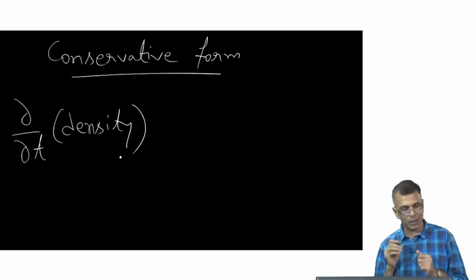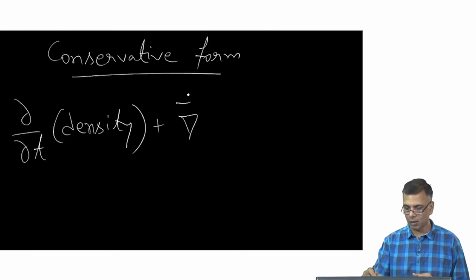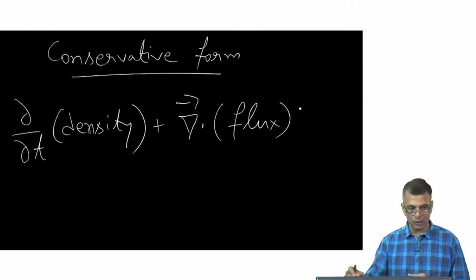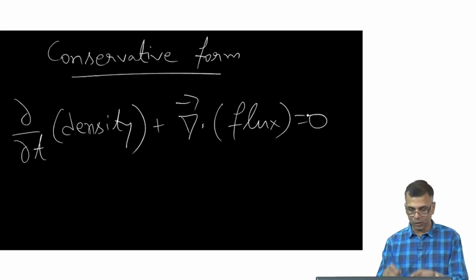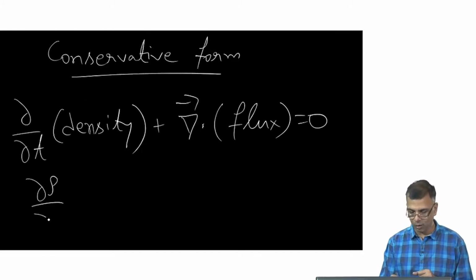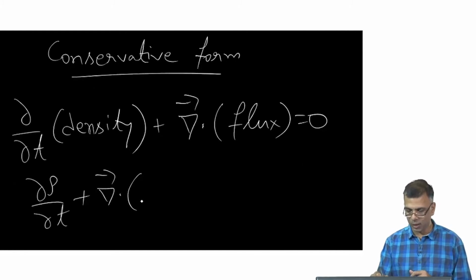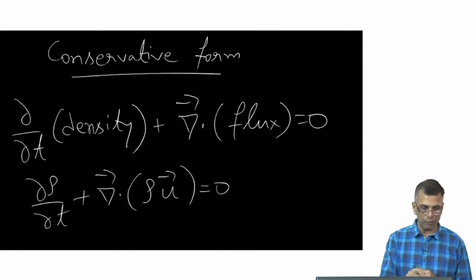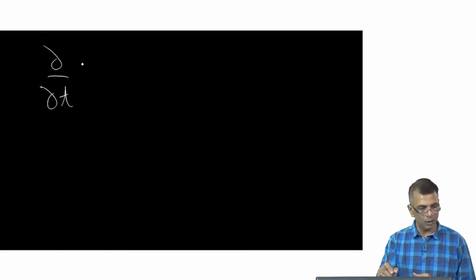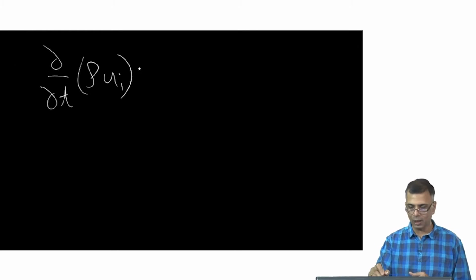If you're talking about mass conservation, it's mass density, plus divergence of the flux of this quantity is equal to 0. So suppose this was mass density, you would have the flux of mass. And if this was momentum density, you would have d/dt of the momentum density and the flux of momentum density.